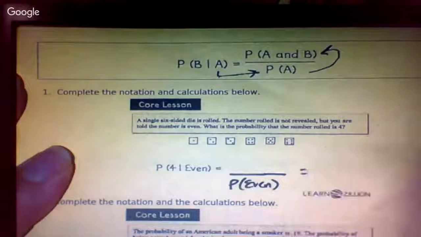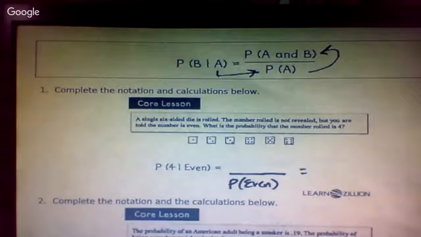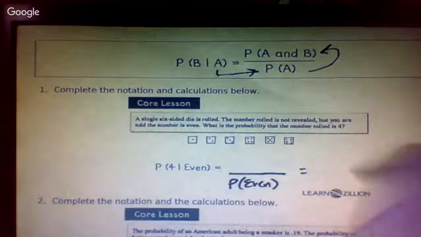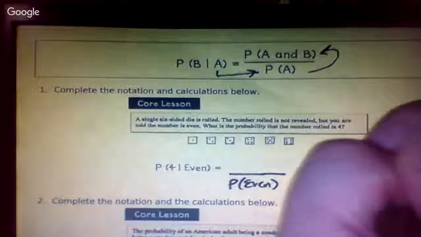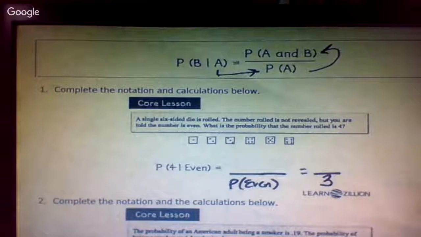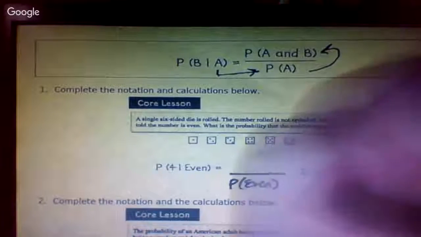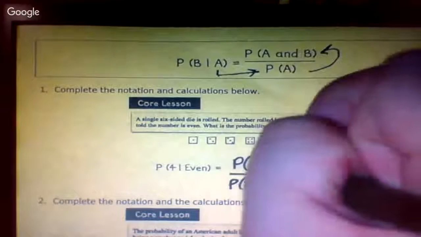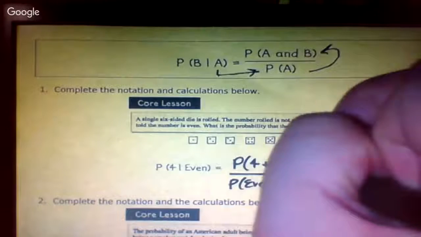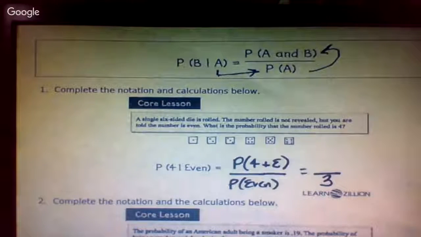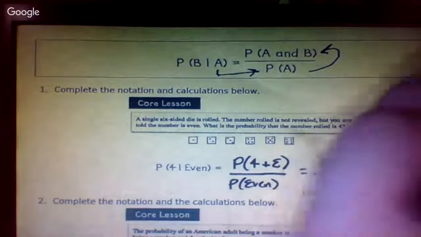What's the probability of an even number? 3. We've got 3 even. In the top, how many 4s are also even? 1. So your final answer here is 1/3.